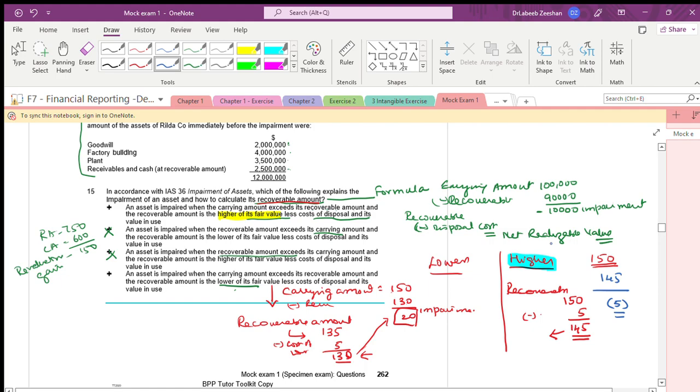If we take the recoverable amount of 150, the impairment loss will be more. We want to make sure in which situation the impairment loss will be less.